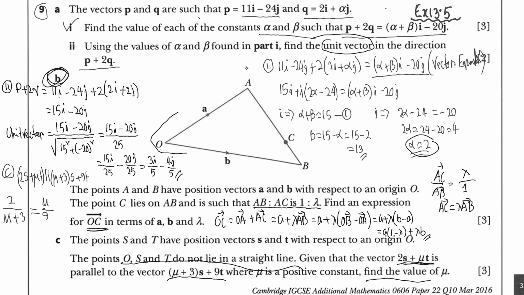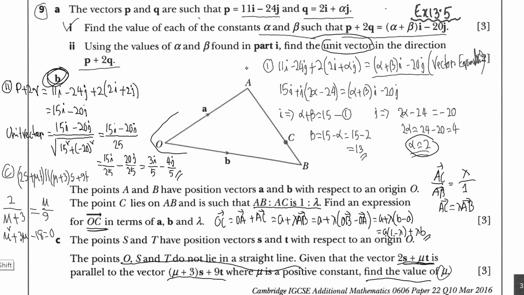This is the relation. If two vectors are parallel, then the ratios of their corresponding coefficients are equal on both sides. This is the main relation. So now we are going to solve this equation and get mu. We need to cross multiply, which gives us mu squared plus 3 mu, and 2 times 9 is 18, so we can write minus 18 equals 0.